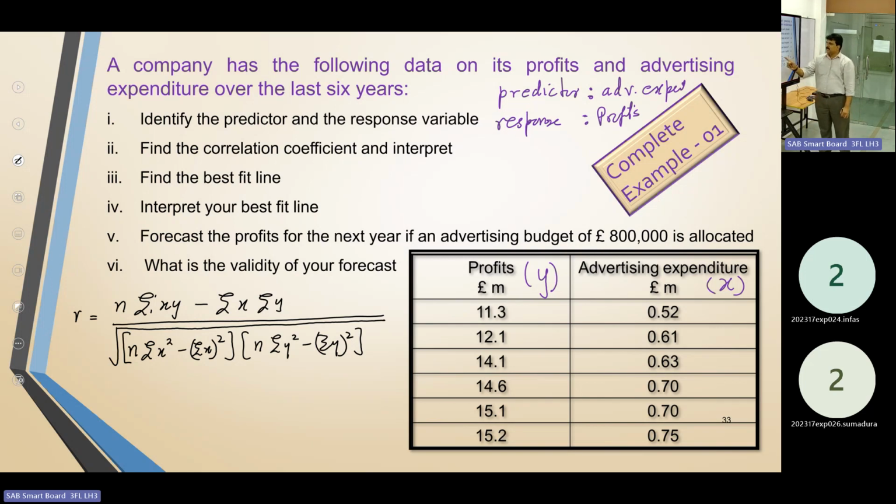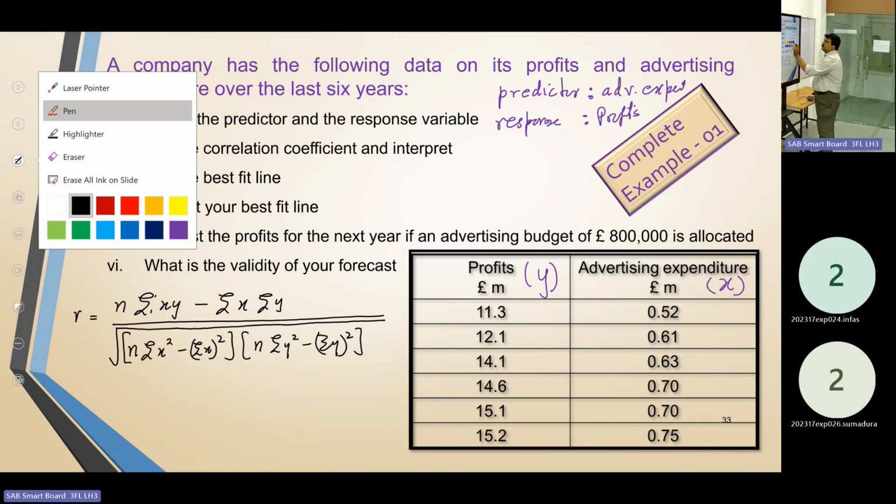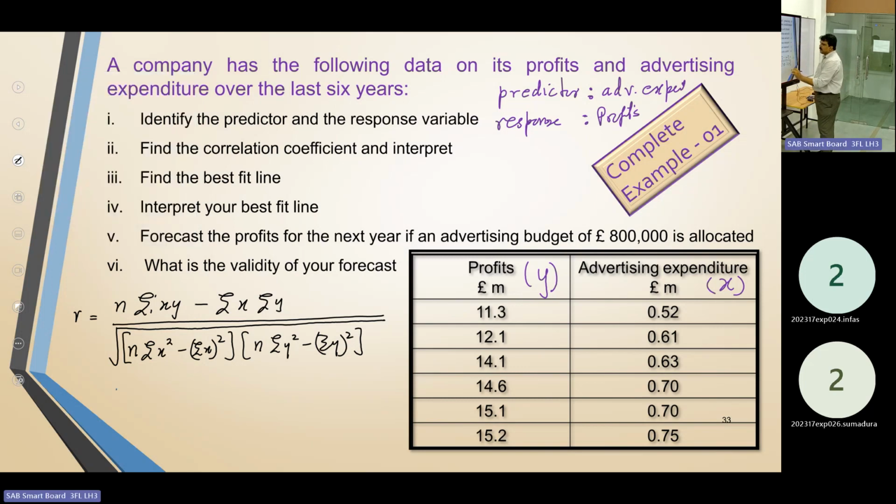So this is the formula we are going to use. Whatever sigmas are needed, we have to have the corresponding column. At the moment we have y and x. What are the other columns we need? Sigma xy is needed, so we have to develop the xy column.